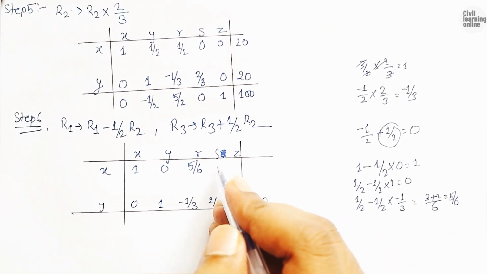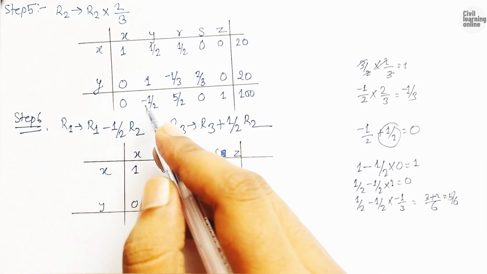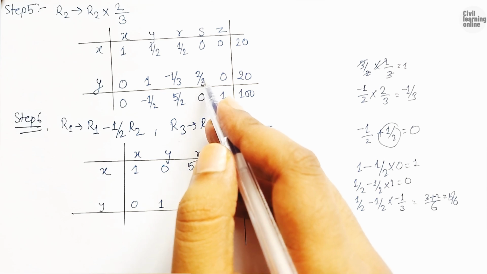And for S, R1 is 0, so 0 minus 1 by 2 into 2 by 3 means minus 1 by 3.